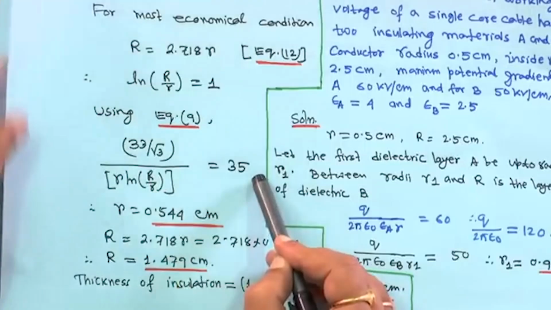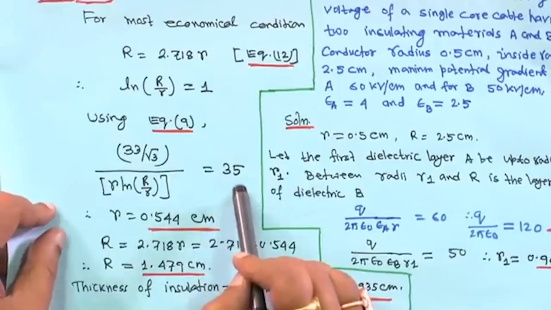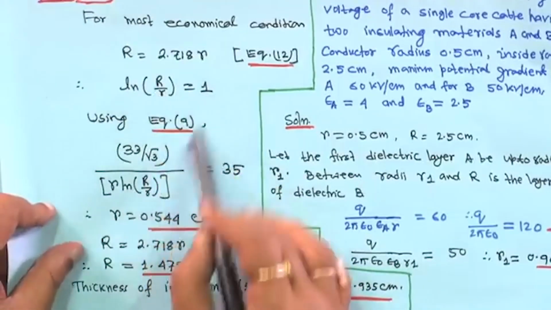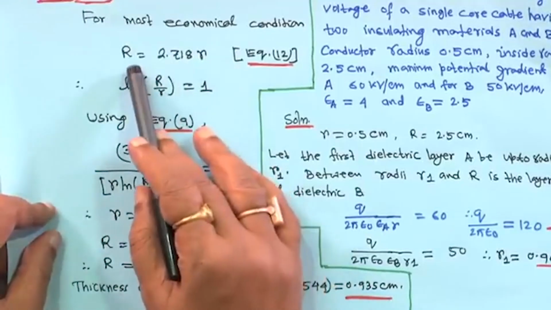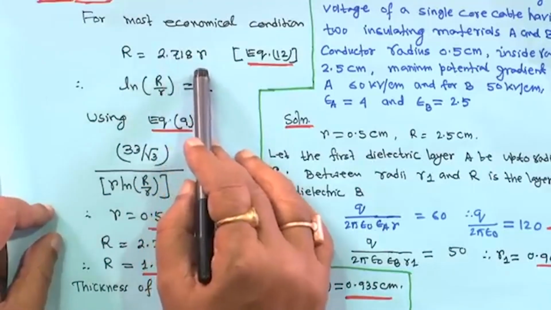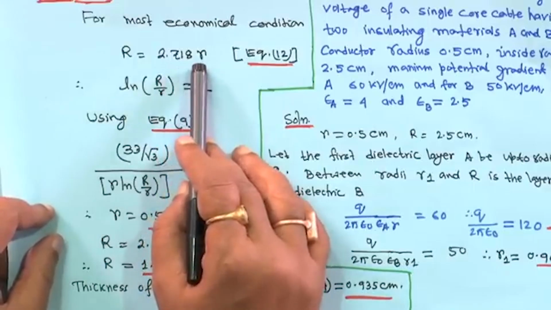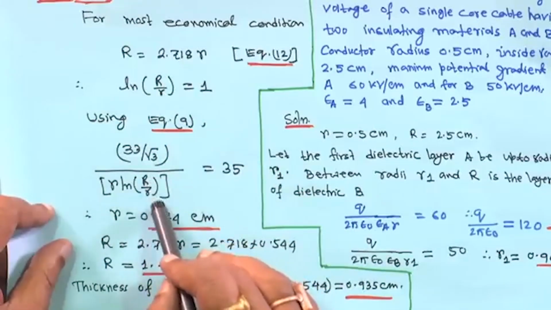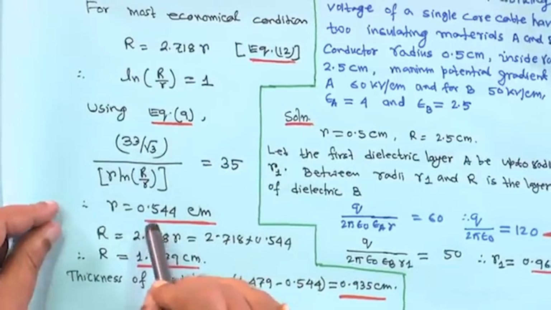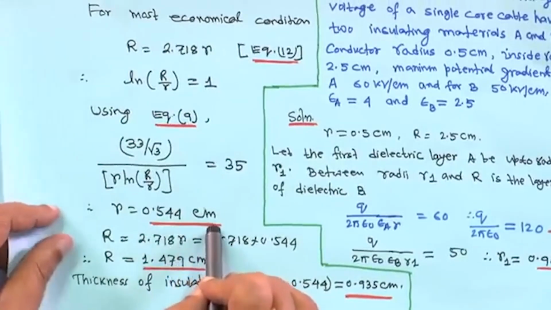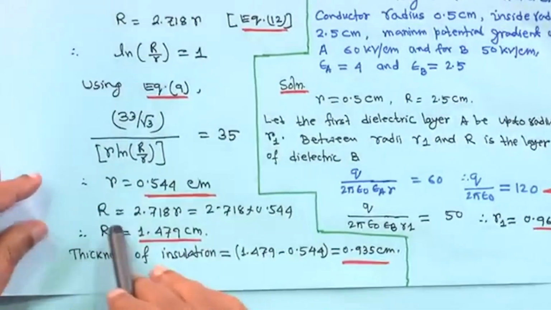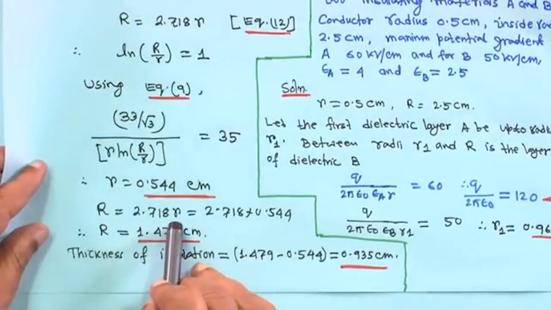Now, if you solve this, ln R upon r is 1, because when R is equal to e r, I told you, e is equal to 2.718. So ln R upon r is 1, from which you will get r equal to 0.544 centimeter. Therefore, capital R is equal to 2.718 r.